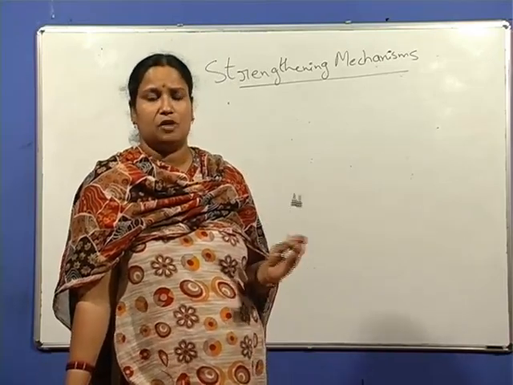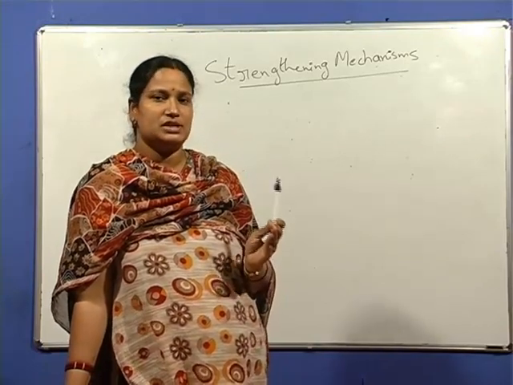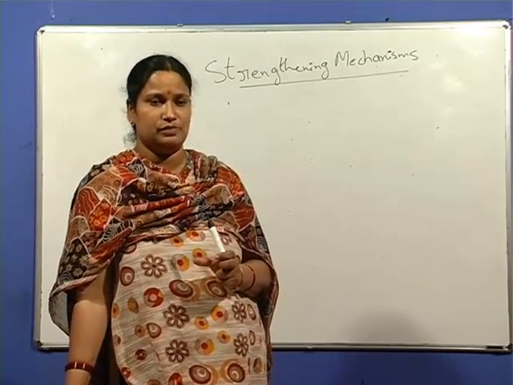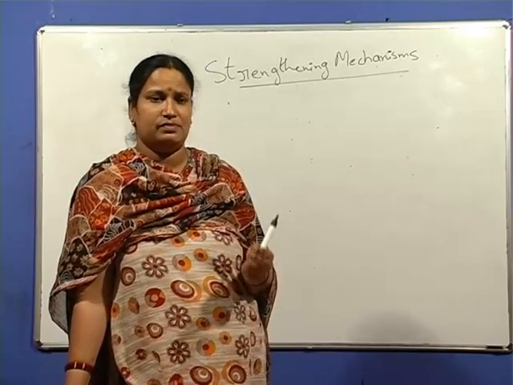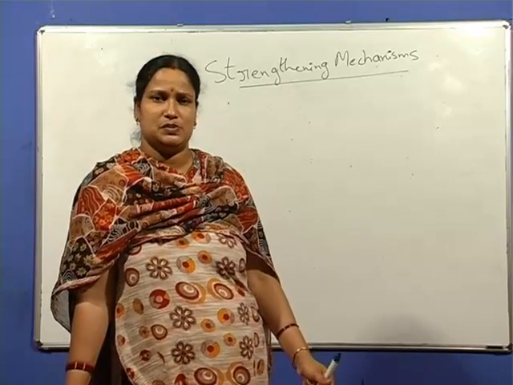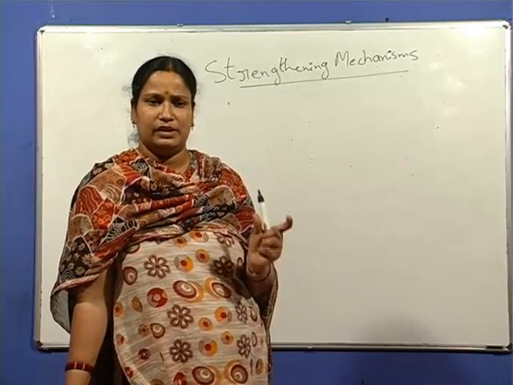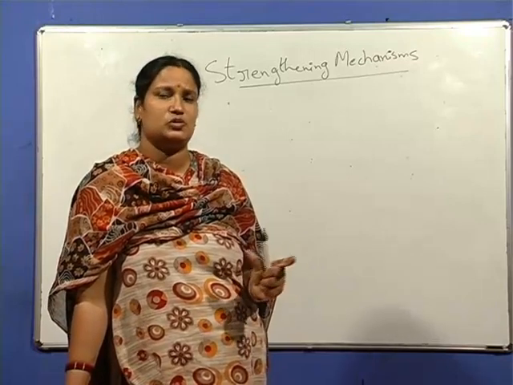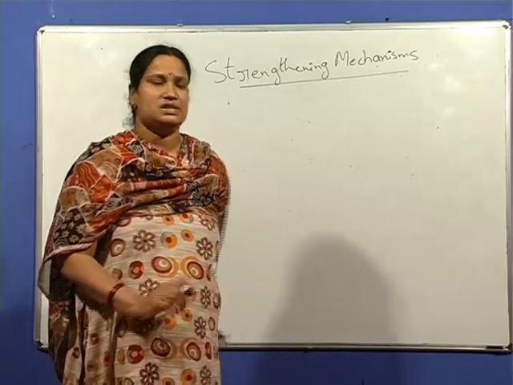Now, what are the obstacles to dislocation motion? Among the strengthening mechanisms discussed previously, one has other dislocations as the obstacles. The dislocations themselves act as obstacles to their motion. The name of that strengthening mechanism is strain hardening, which was covered previously.